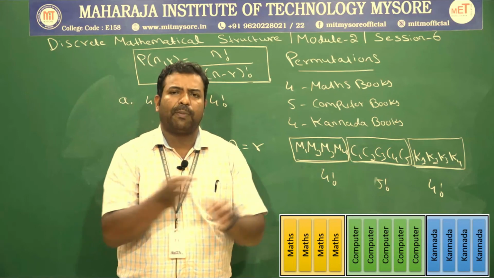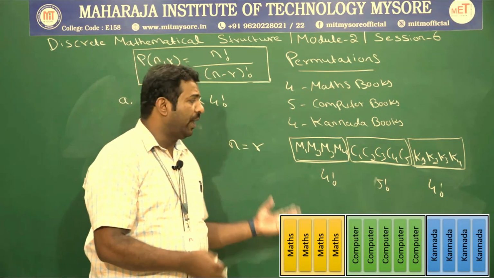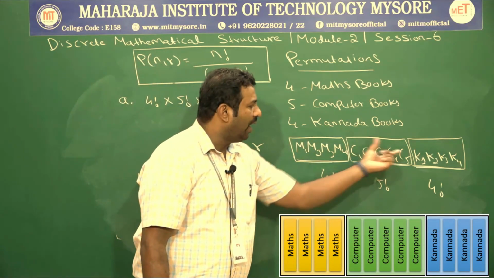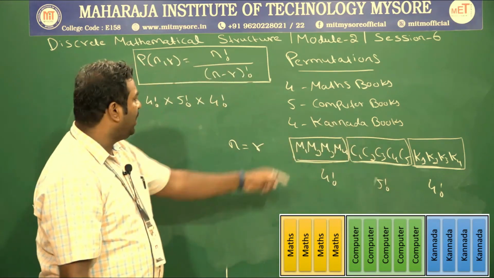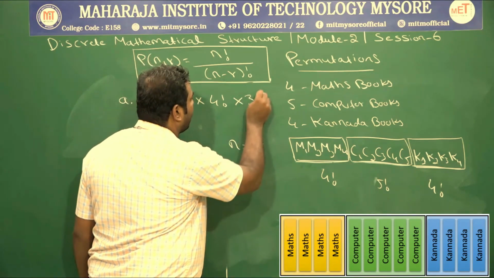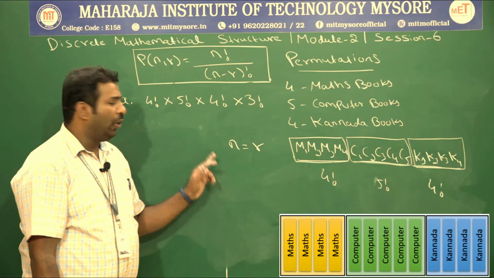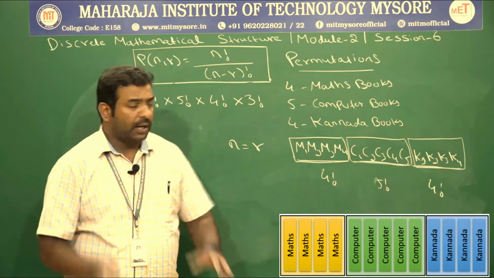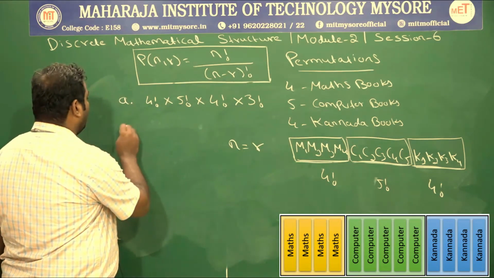I can arrange these blocks also. Even this should be included. How many blocks are there here? 1, 2, and 3, no identical. Hence I am going to multiply this with 3 factorial. So this is the first case where I keep all the books as one single block, and this is the solution. So solve this and find what the value is going to be.